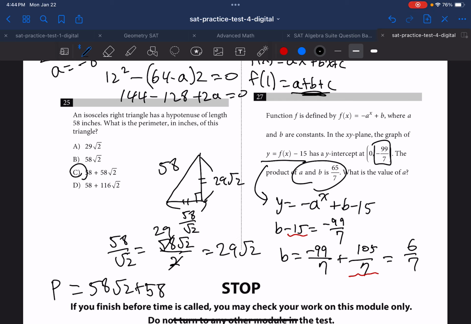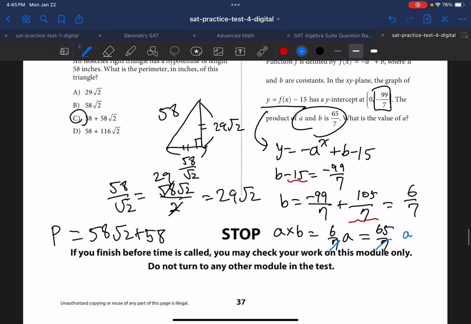So this is getting a bit complicated. A times b is equal to 6 over 7 a, which is equal to 65 over 7. So this 7 gets cancelled out. So our a value should be 65 over 6 if we divide both sides by 6. So that'll be our final answer for this question.